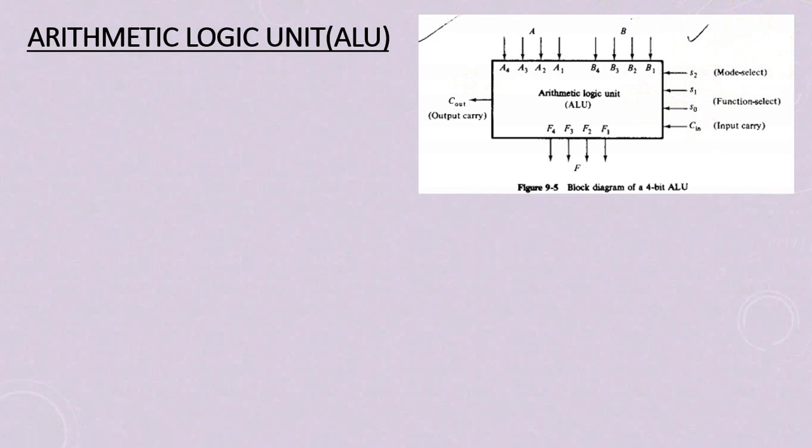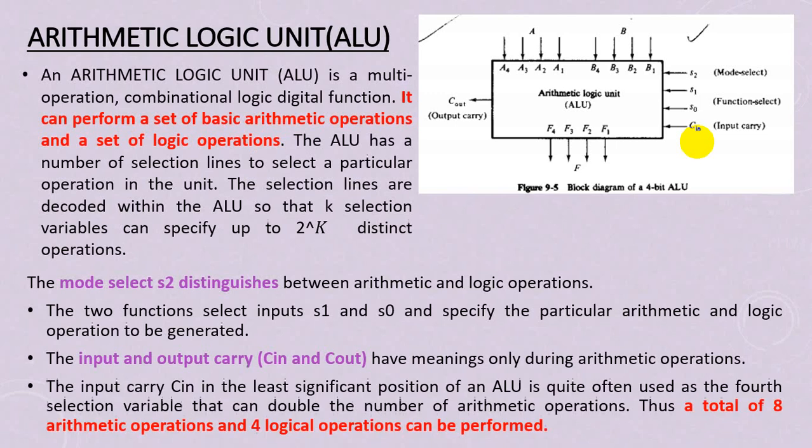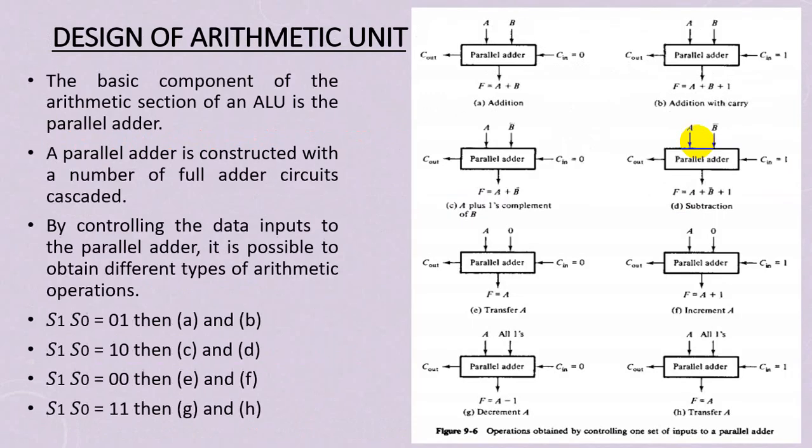Last one is the carry in. If we consider carry in as one of the function selects for arithmetic operation, then there will be 3 function selects for arithmetic operation: S0, S1, and carry in. So 2 cubed, that means 8 different arithmetic operations can be performed, and we have designed this arithmetic part in the last 3 classes.